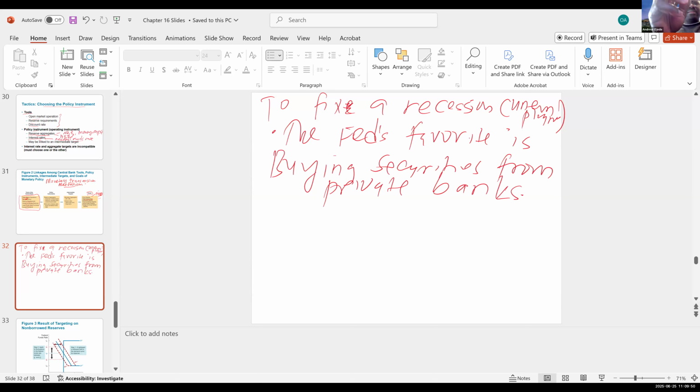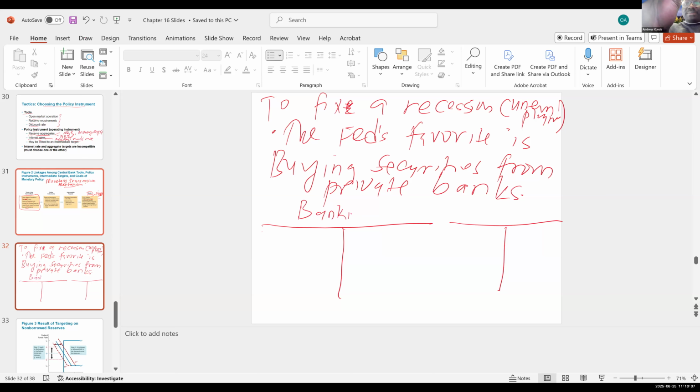Maybe the Fed might say, well, for us to fix that problem, we're going to buy $100 billion worth of securities from banks. And I showed you in the previous chapter, if the Fed buys $100 billion worth of treasury securities from banks, this is how the balance sheet of the banking system is going to change, and this represents how the balance sheet of the Federal Reserve is going to change.